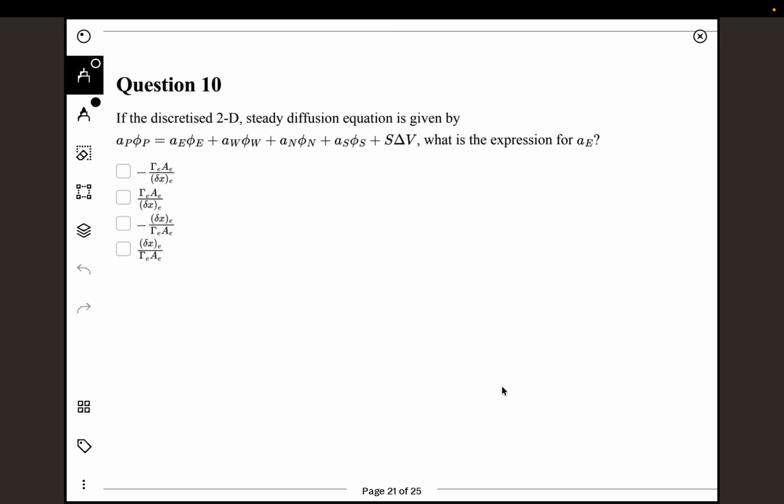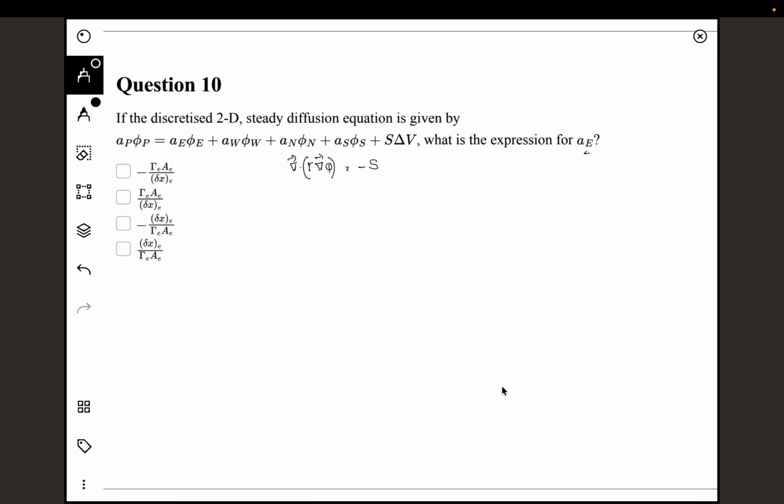If the discretized 2D steady diffusion equation is given by this particular term, what is the expression for AE? So the 2D steady equation is del dot gamma del phi is minus S. So this is a steady diffusion equation with the source term.